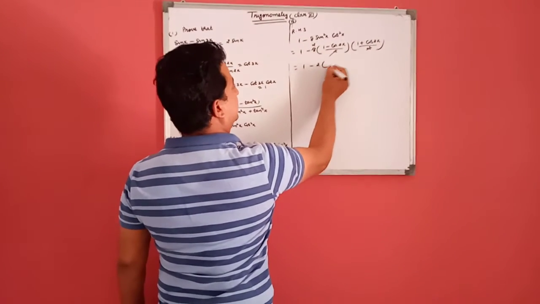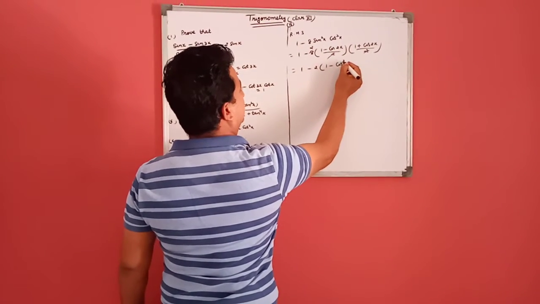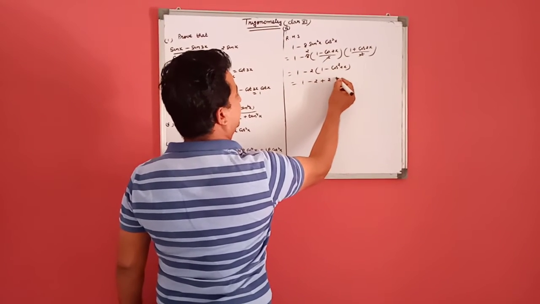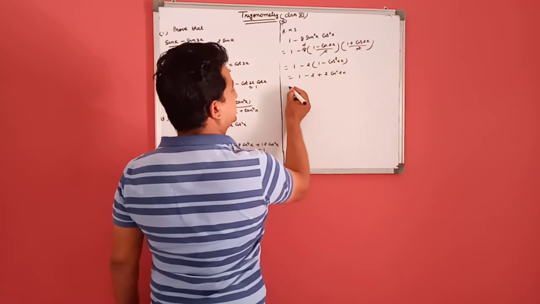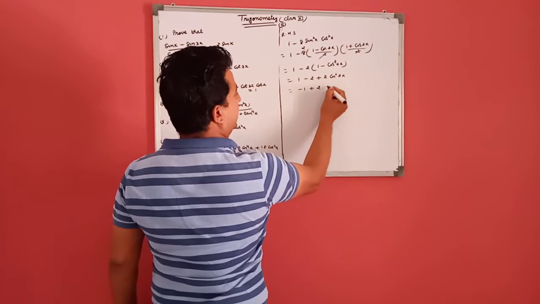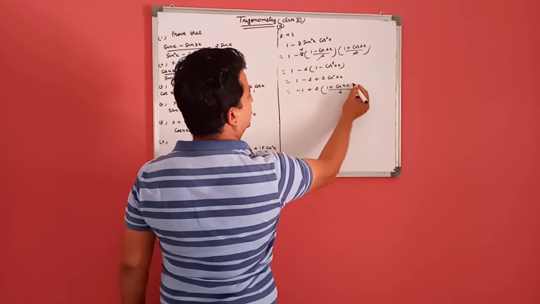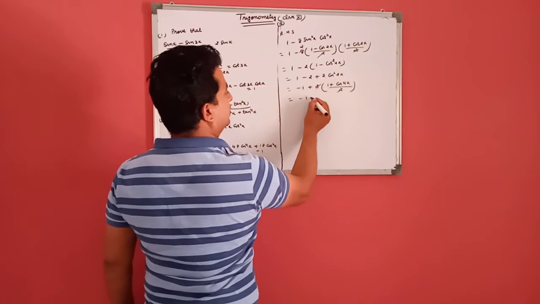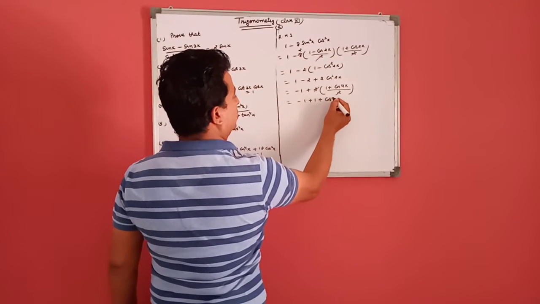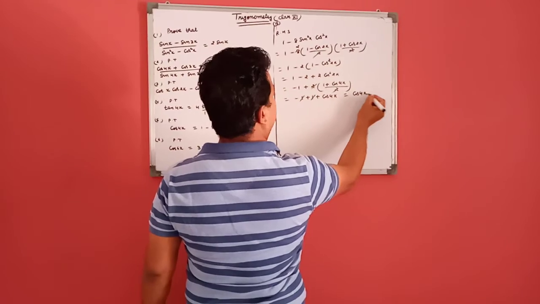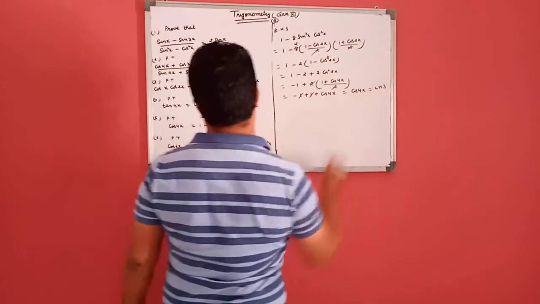This is the identity a square minus b square. When we open this bracket, we get 2 cos square 2x minus 1. As we apply the double angle formula, we get cos 4x by 2. This cancels out. This becomes cos 4x. This is equal to cos 4x. This is the left hand side.